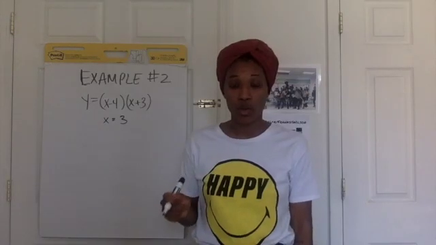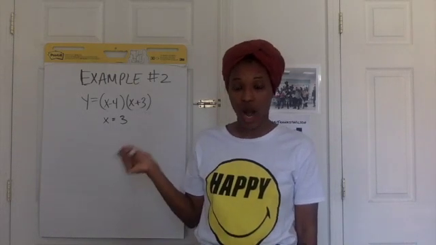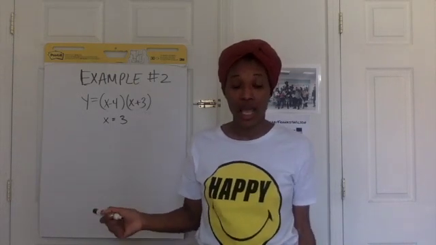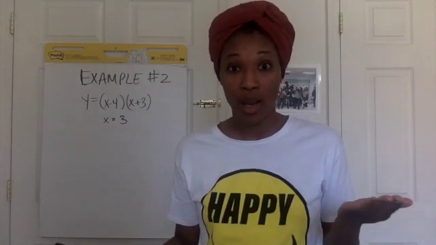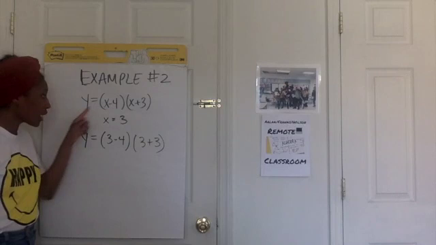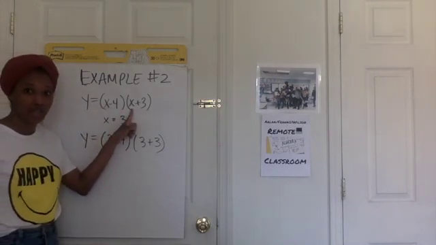In example 1, we were given a quadratic equation in standard form. For example 2, our quadratic equation is in factored form, and we are going to see if x equals 3 is a solution. So I'm going to start by plugging in x equals 3. Everywhere I saw an x, I put a 3, because that's the value that I'm checking.